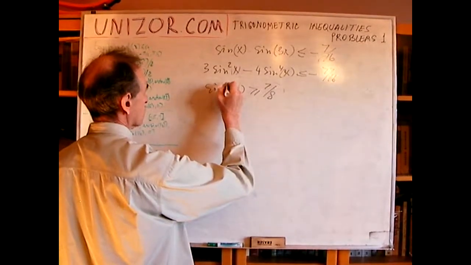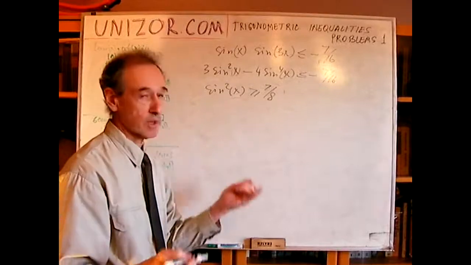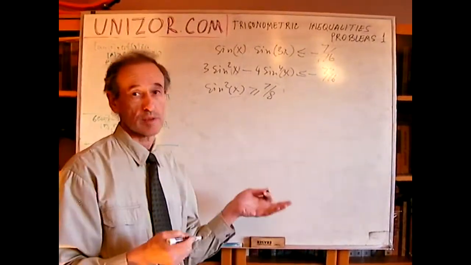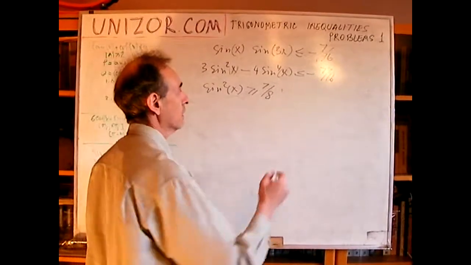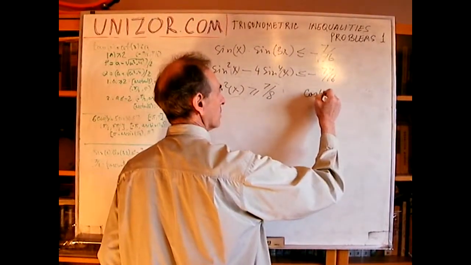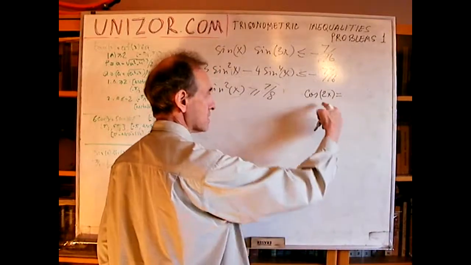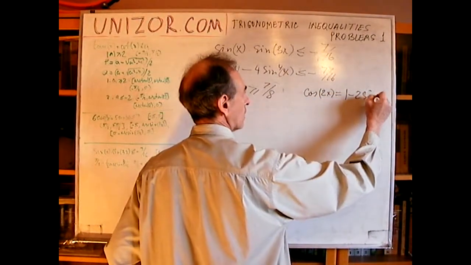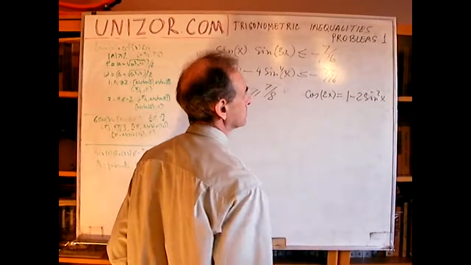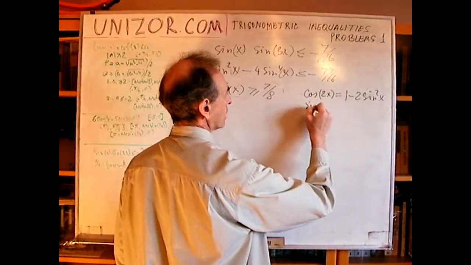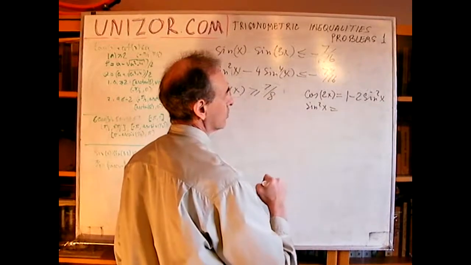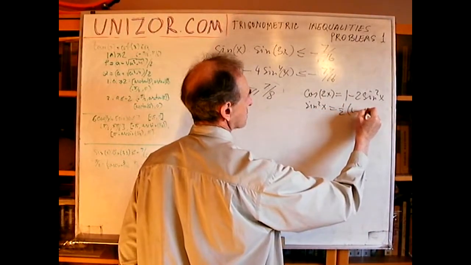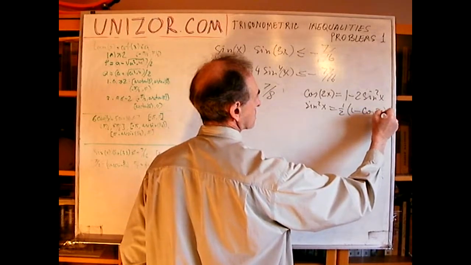Now, how to solve this? Well, there are many ways. Obviously, you can extract square root. Actually, I prefer to do something, I think, a little smarter. Remember, cosine of 2x is equal to cosine square minus sine square, or 1 minus 2 sine square x, right? So sine square x is equal to what? 1/2 times 1 minus cosine of 2x.